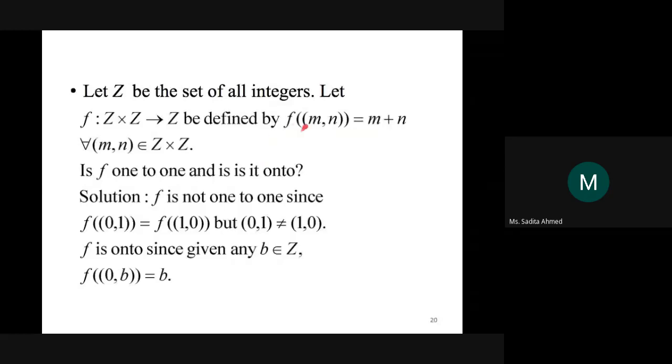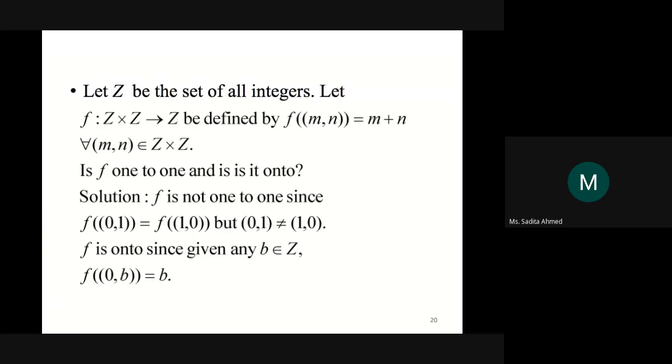So you will notice that mn is an ordered pair. The function is applied actually to an ordered pair. Now, in case of an ordered pair, what do we know? Even if the elements of two pairs are the same, is that enough to say that the two pairs are equivalent to each other?